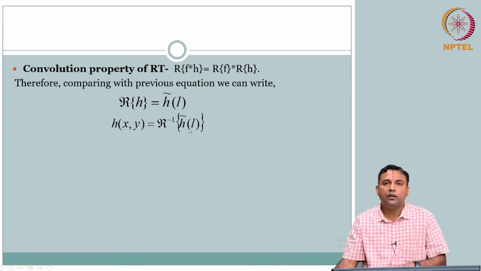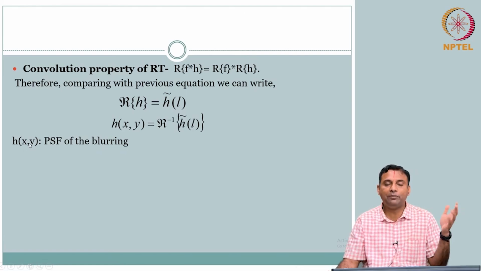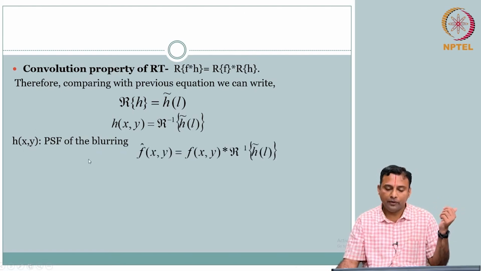All we need is h of x comma y, your blur function, the point spread function. This is how the ideal image f of x comma y is blurred by h of x comma y to get the estimate f hat of x comma y.